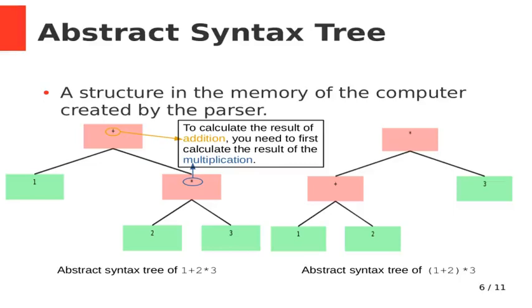And here you can see basically that to calculate the result of the operation on the top of the abstract syntax tree, you need to calculate its so-called children, the left child and the right child, or if it has more children, then also those children, before you can calculate it.